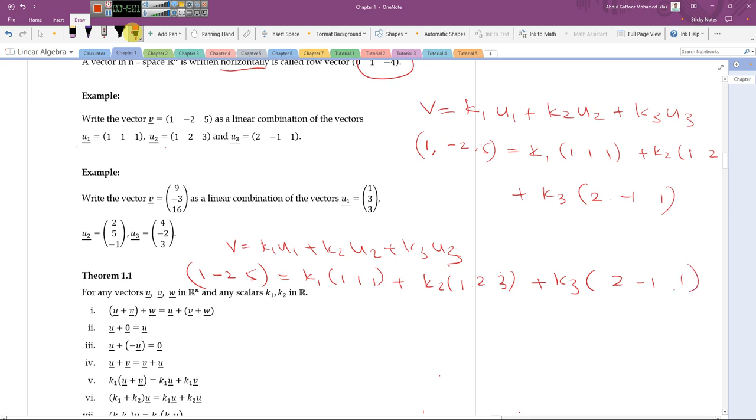So now I am just equating the corresponding entries in each vector.